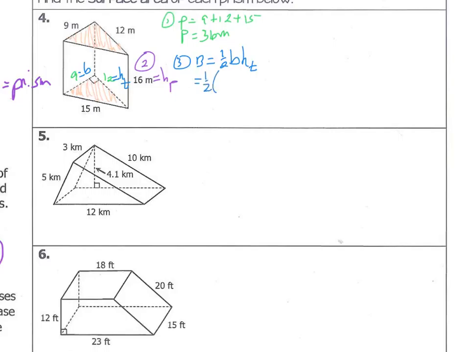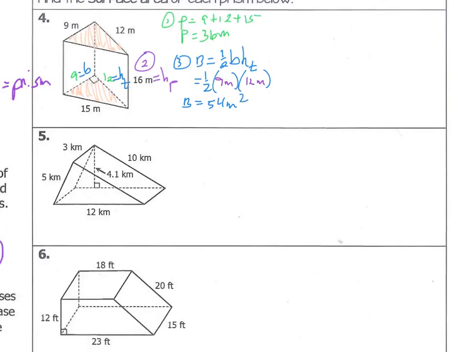So 1/2, my base is going to be 9, and it's meters. And then my height is going to be 12 meters. So if you multiply 9 times 12, what do you get? 108 divided by 2. So big B is 54 meters squared.